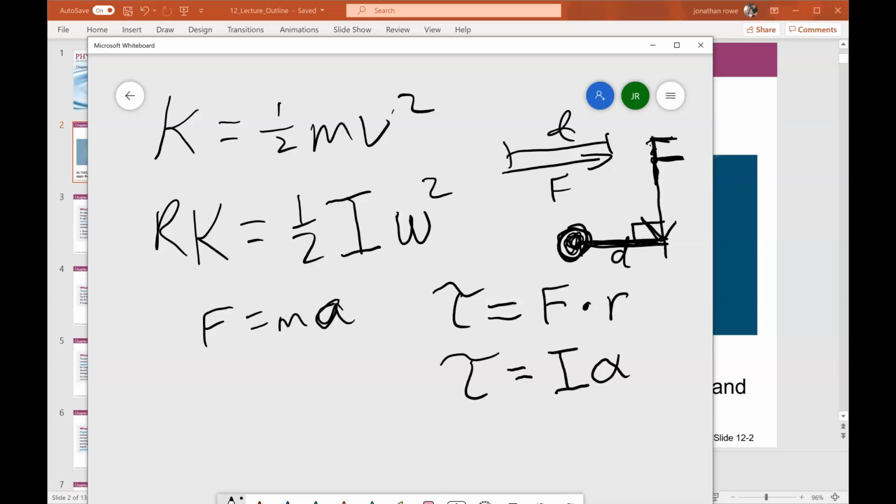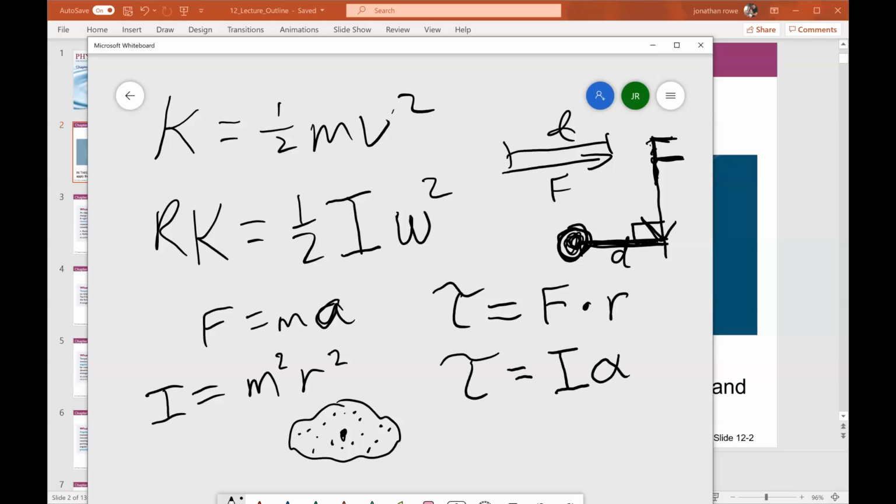Now, let me relate m and I a little bit more. Basically, I is equal to m r squared. It's kind of strange to think about, but let's say you have this object and it has some center of mass right in here somewhere. Well, each one of these little particles in here has some minute mass, and it's some distance away from that center of mass.